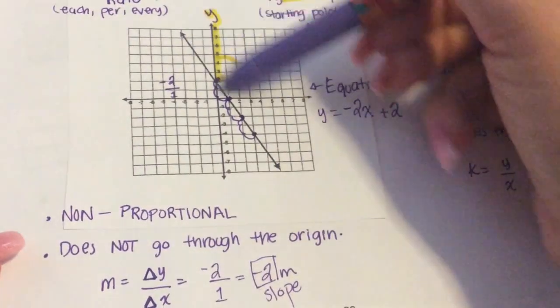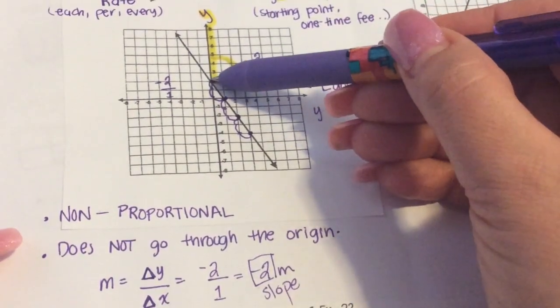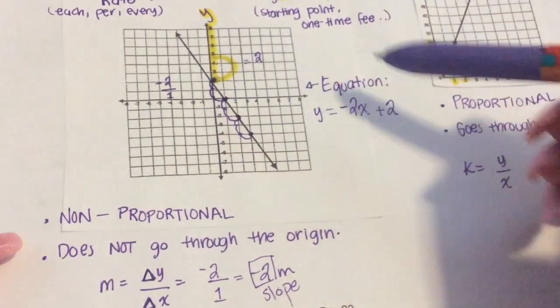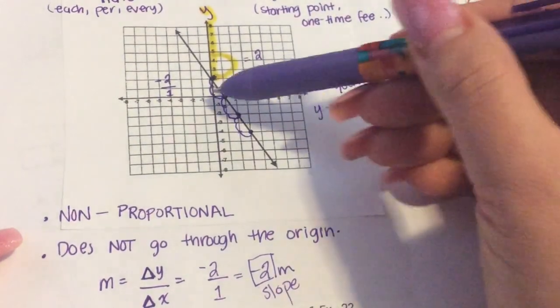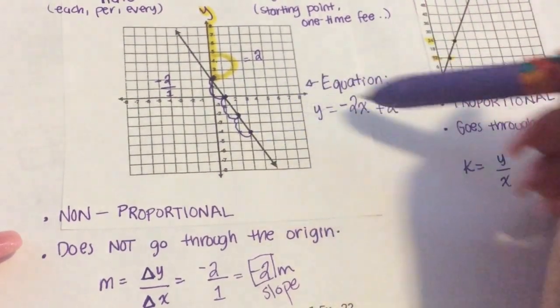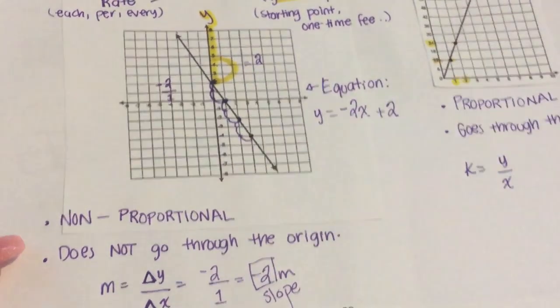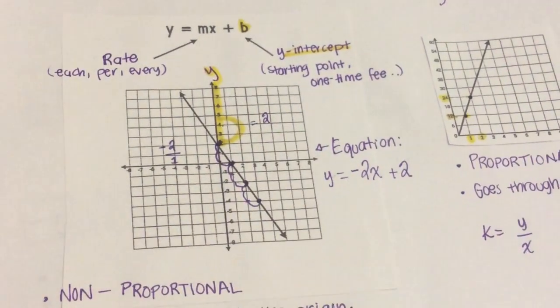So the equation for this graph is plus 2 because that's your b. You touch the graph, that's your b. And the m, or the rate, is negative 2 divided by 1, and then times x. And that is like you see in the form y equals mx plus b.